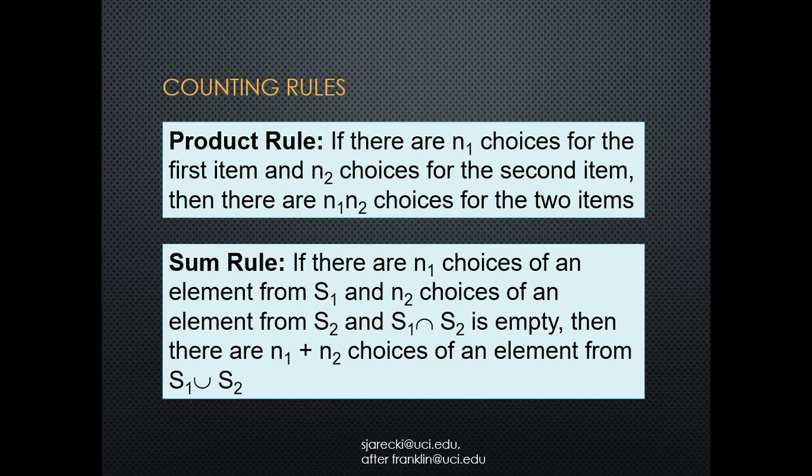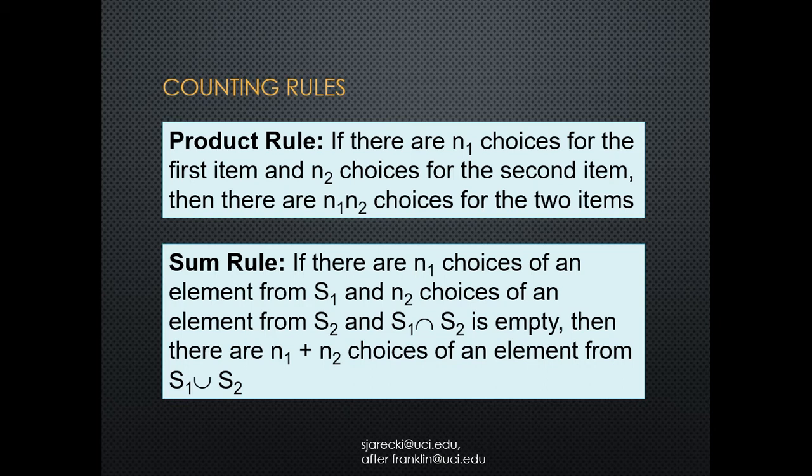And for the second item, the choices are numbers 0 to 10. Then, in order to determine the choices for the two items, you just multiply the choices for A to Z for the first item and the choices for the second item, numbers 0 to 10. Okay, that is for the product rule.